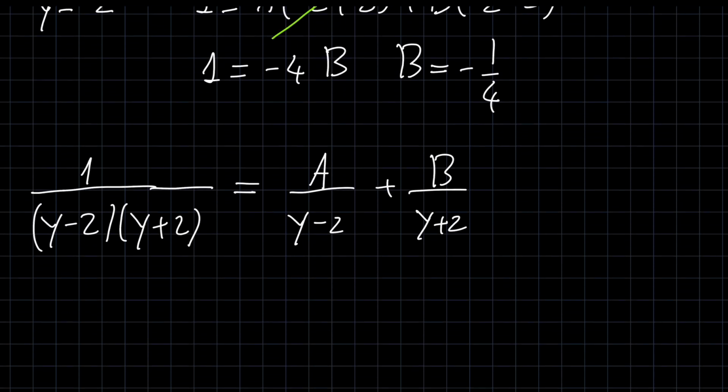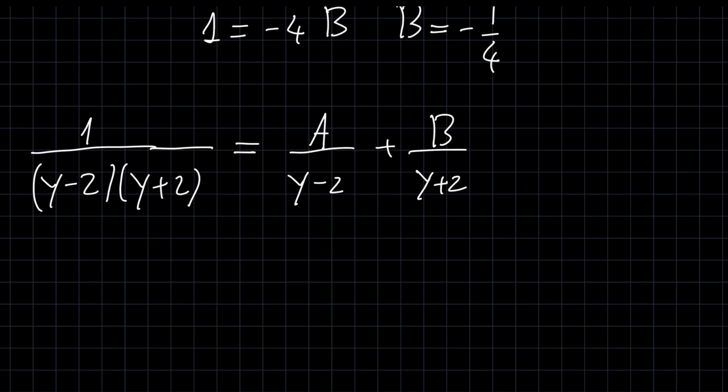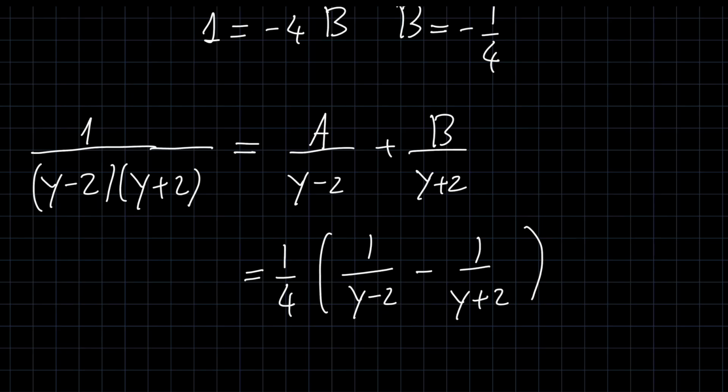Exactly. And now we just set a equal to 1/4 and b equal to minus 1/4. So I can factor the 1/4, getting 1/4 times (1 over y minus 2 minus 1 over y plus 2). Perfect.